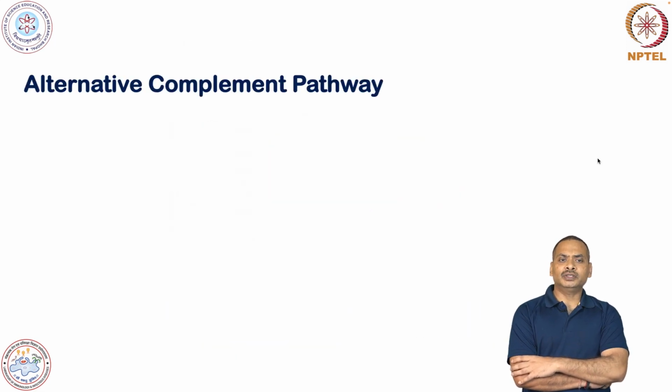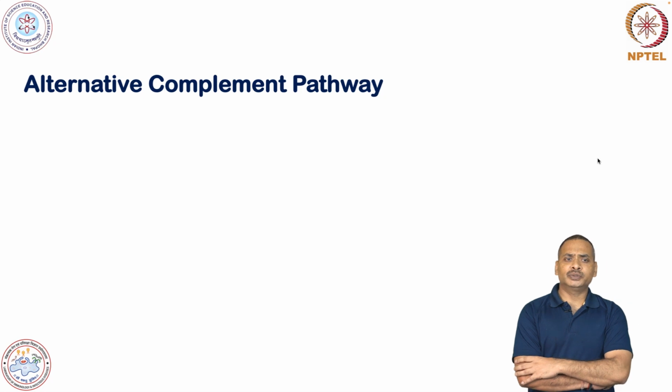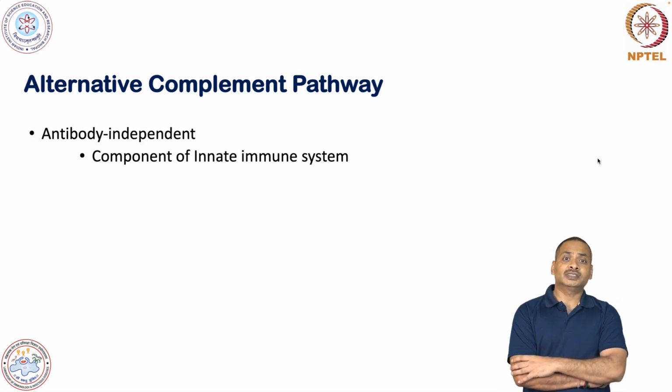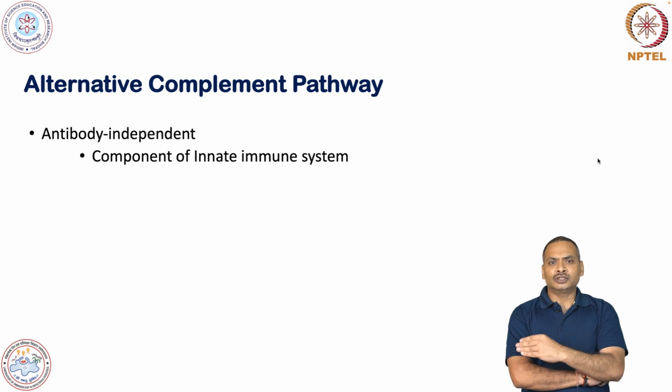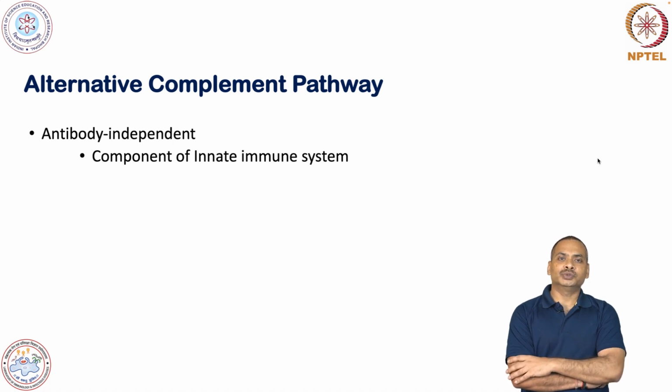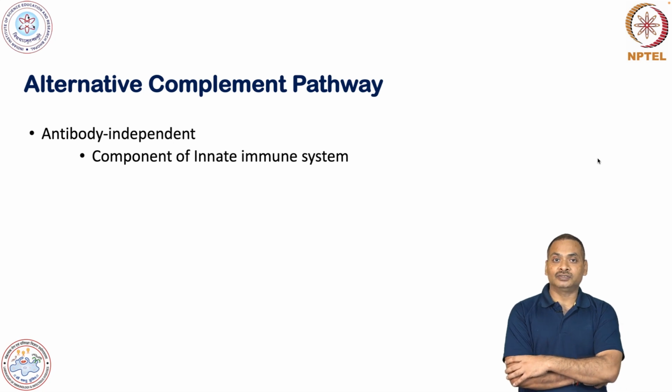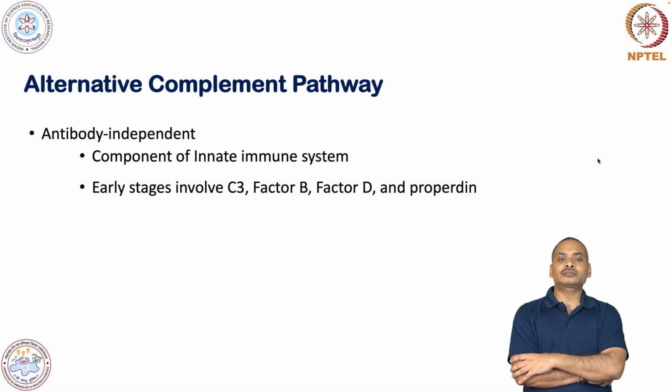the alternative complement pathway. Here you can see that this alternative complement pathway is antibody independent, and it is one of the key components of the innate immune system. You can consider it a humoral component of the innate immune system.